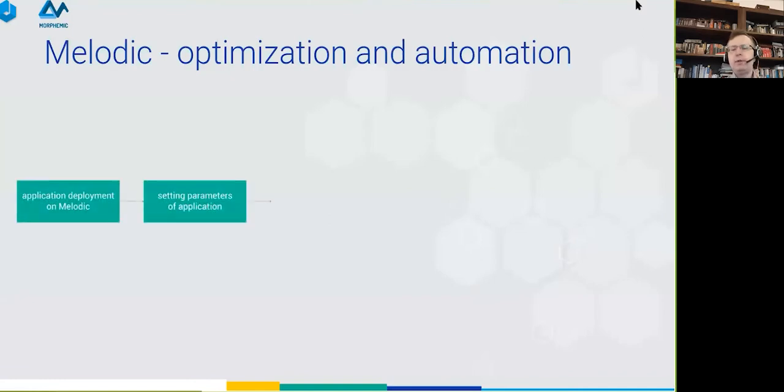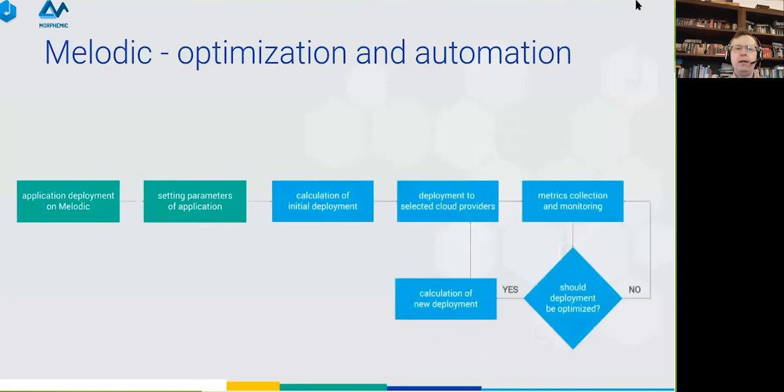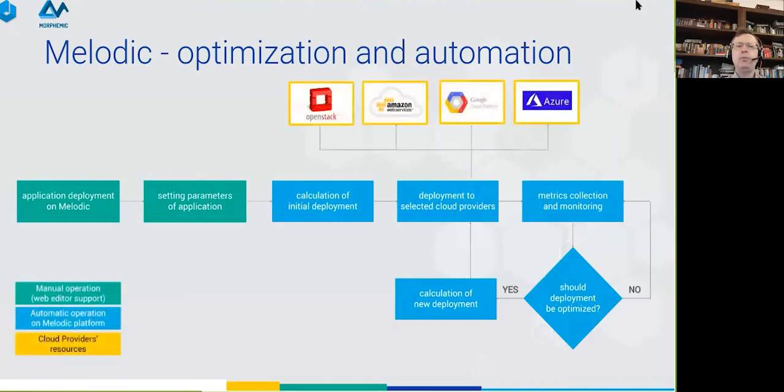How does it work? First step is to model the application, set the initial parameters and requirements, and then Melodic automatically calculates the initial deployments based on the offers available from the cloud providers as well as on-premises resources. And then the optimal deployment plan is found and deployed to the selected cloud providers fully automatically.